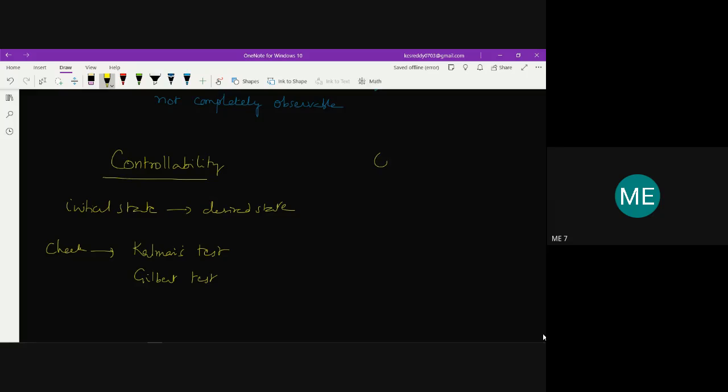And similarly, observability is whether we are able to determine the state of the system by measuring the output. So how to check this? Once again, we can check with Kalman's test as well as Gilbert test.